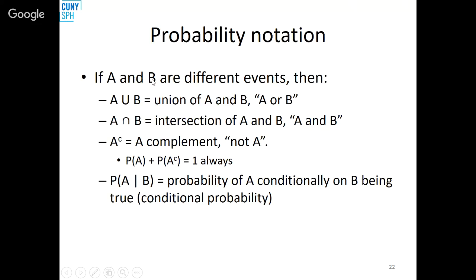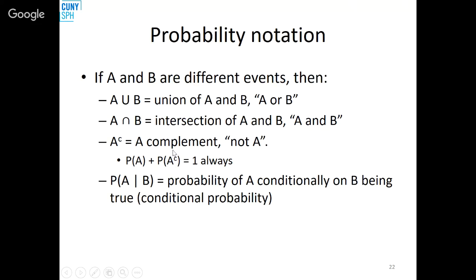So if A and B are different events, such as having a disease and testing positive in the screening test, then this is the union of the two, meaning either A or B. This is the intersection, meaning both. The complement is like not. So if A is having the disease, then A complement is not having it.